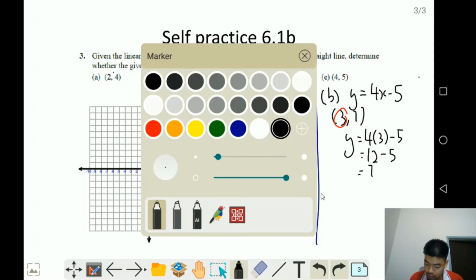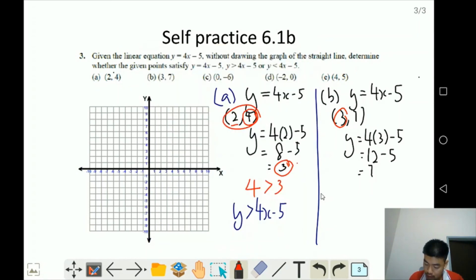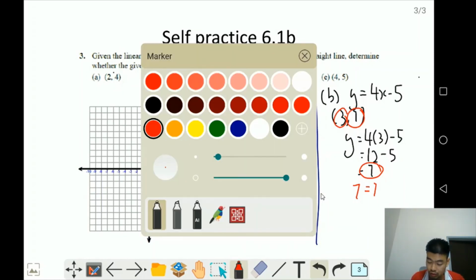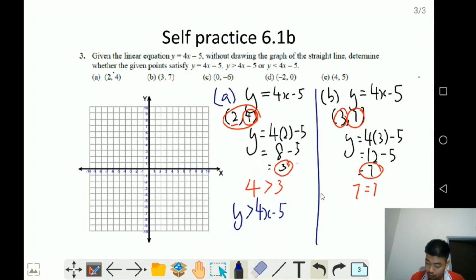Let me use the red pen. So 7 is equal to 7. So 3, 7 is exactly on the line. So it satisfies the equation y equals 4x minus 5.